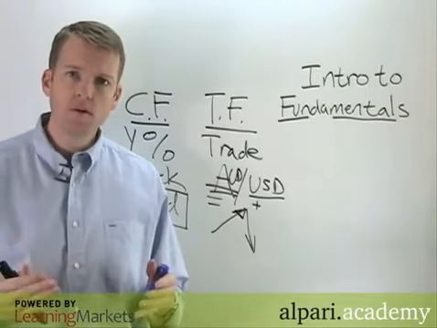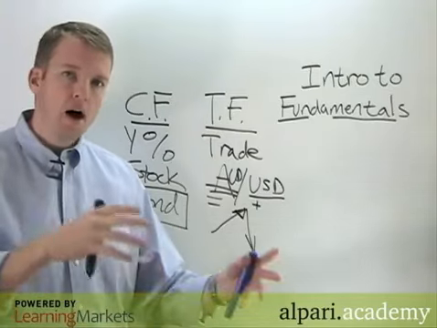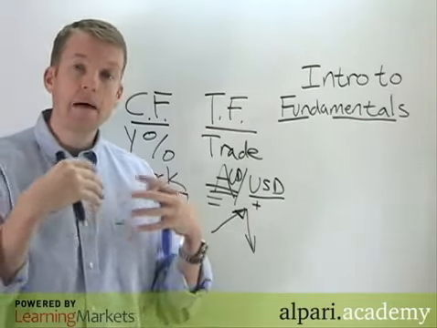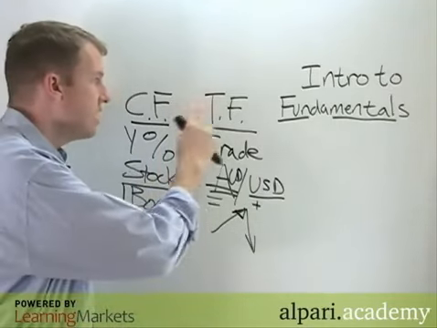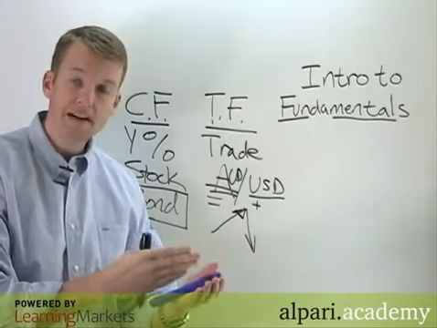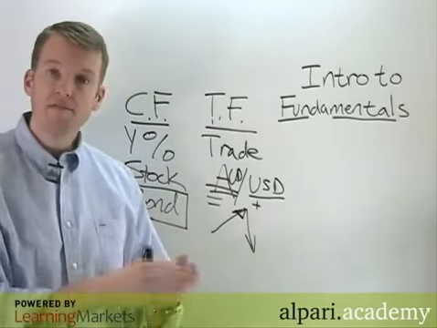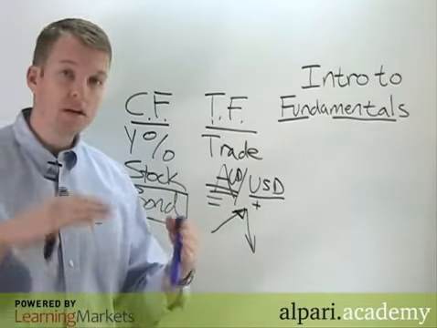These situations are going to reverse again. It's inevitable. And what we're going to be looking at to establish our bias in the future are these same fundamentals. What can we learn about capital flows right now and the factors that will affect capital flows, and what can we learn about trade flows, and again, the factors that will affect trade flows in the future.